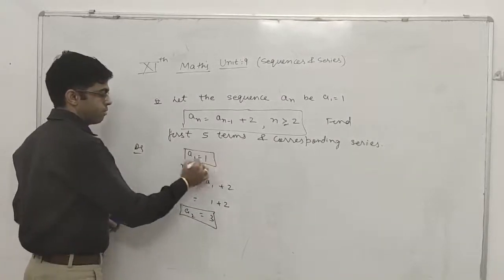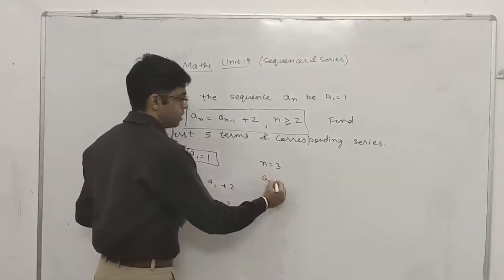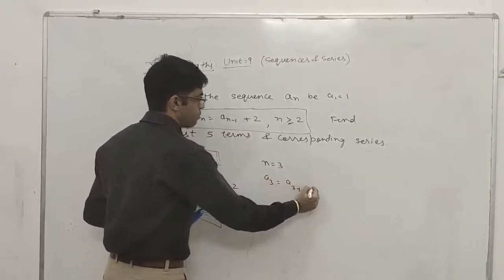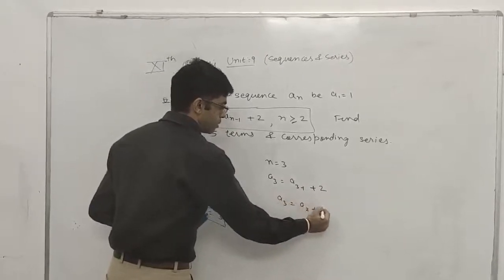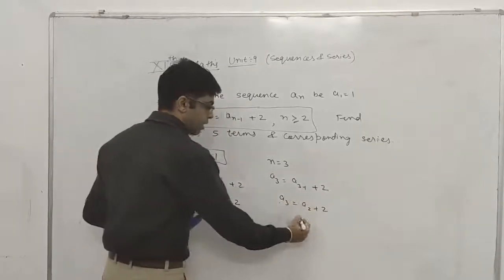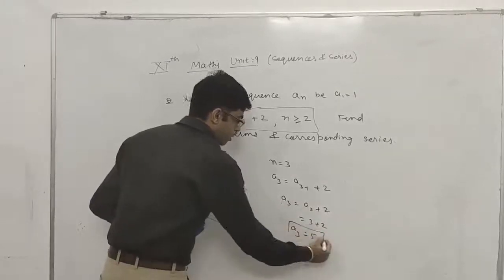This is the first term. Now n is equal to 3, so a3 is a3 minus 1 plus 2, which is a2 plus 2. The second term is 3, and 3 plus 2 is 5.